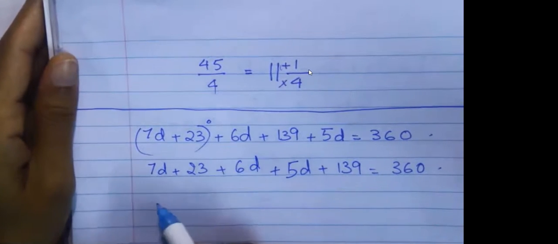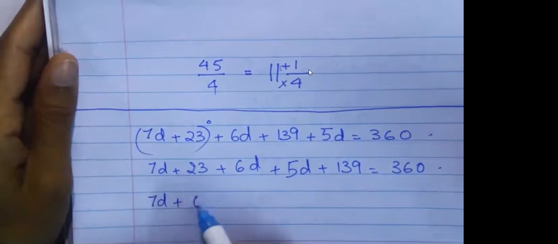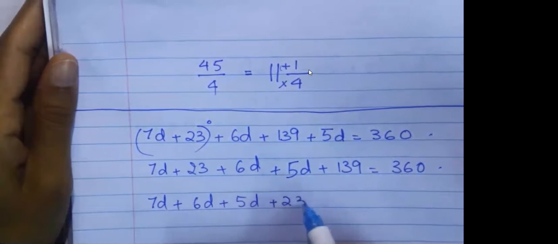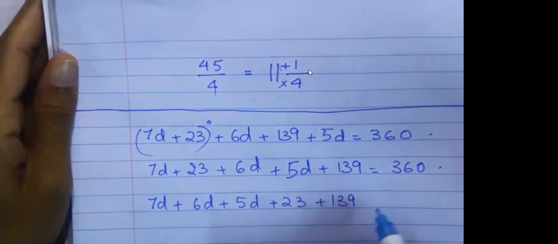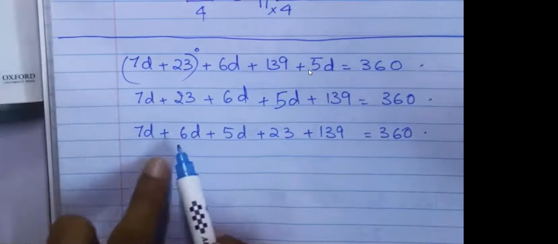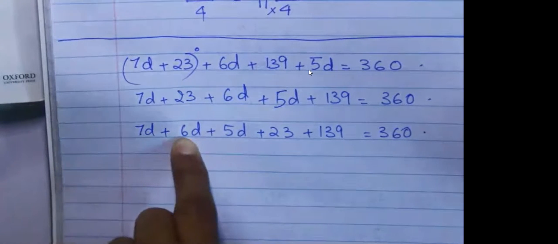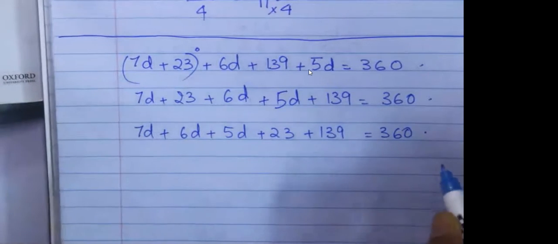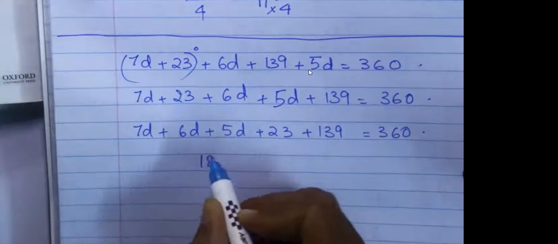Now, teacher, we have to write them: 7D plus 6D plus 5D plus 23 plus 139. Yes. So now we will first add the numbers with the variable: 7 plus 6 is 13, then 13 plus 5 is 18, so it's 18D.